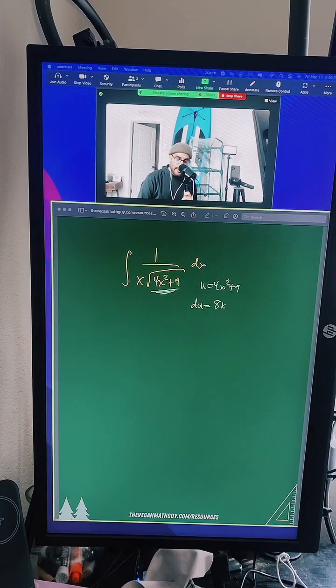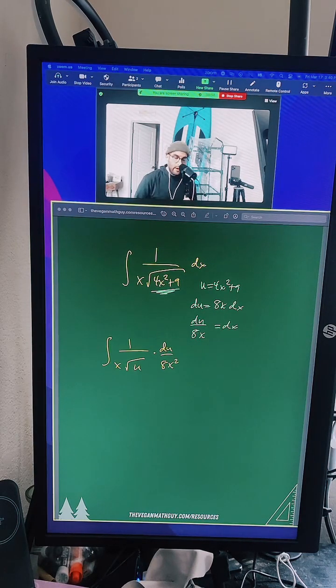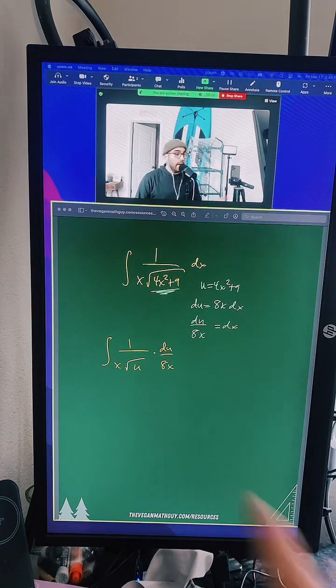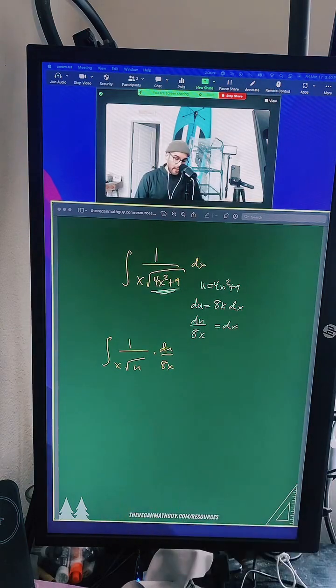Then du is equal to 8x dx, so du over 8x is equal to dx. But look what happens. I have the integral of 1 over x root u times du over 8x. When I simplify by multiplying the 8x and the x together, I get du over 8x squared root u. That doesn't quite simplify, right?